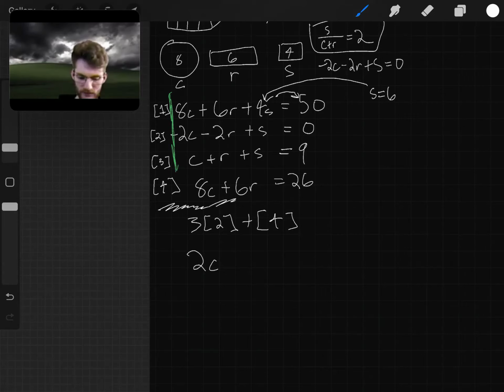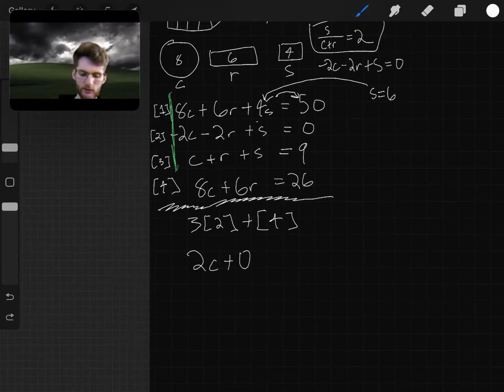Let me just kind of barrier this off. Then for r, -2r times 3 is then -6r. Add it to 6r down here, and I get 0. And then finally, with regards to s, I have s here, multiply it by 3.